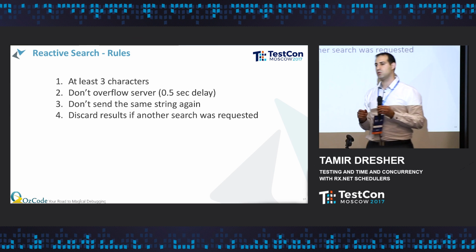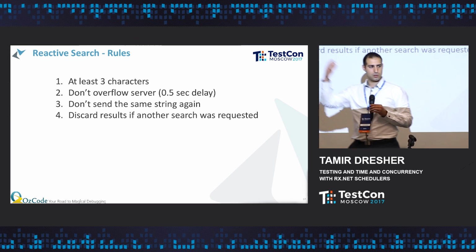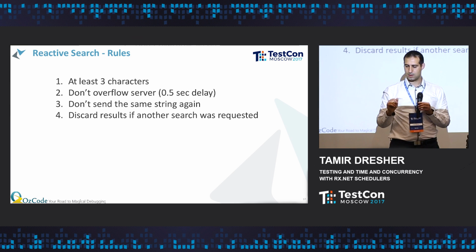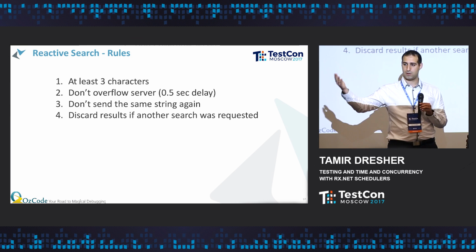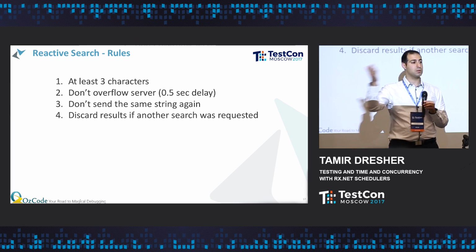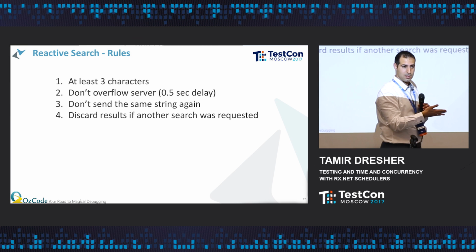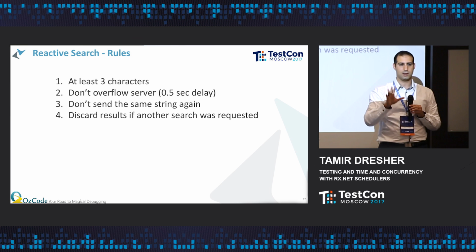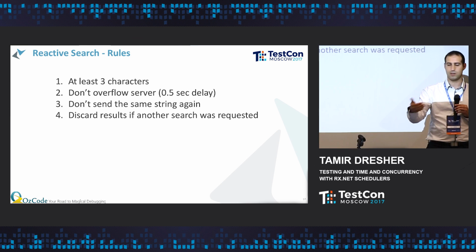Imagine you are typing something and the search is on its way to the server, and the user then types something else, and gets the results of the second search before the result of the first search. Now the first search results come. If I show them on the screen, I'm showing false information to the user because they searched a new term.